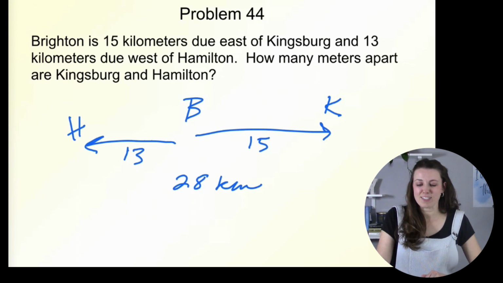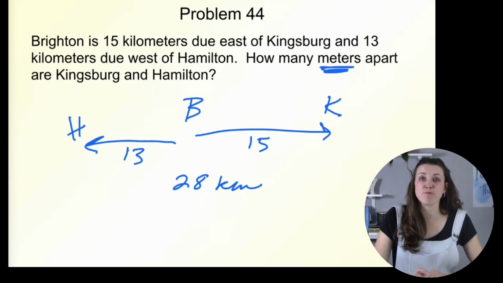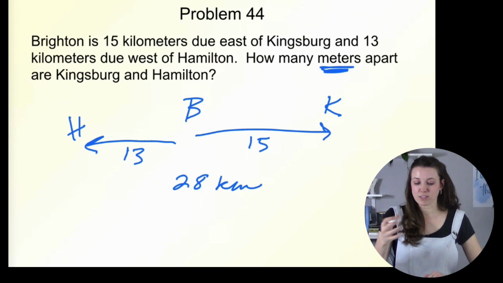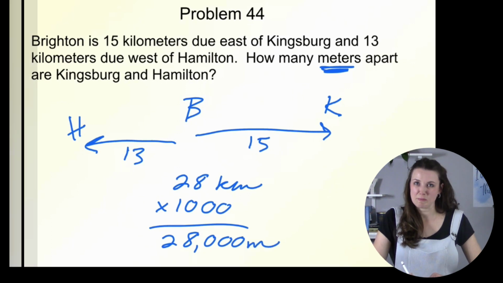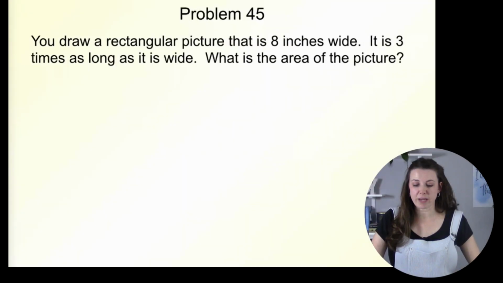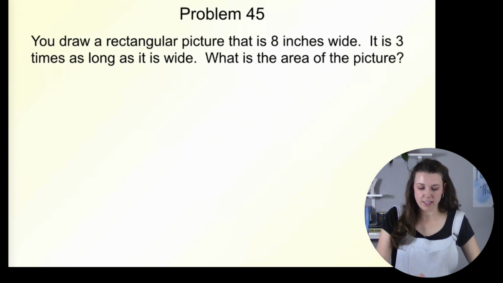Why? Because it wants to know how many meters. And I love meters because all you have to do is times kilometers by 1,000. So let's times this by 1,000 and we get 28,000 meters apart.